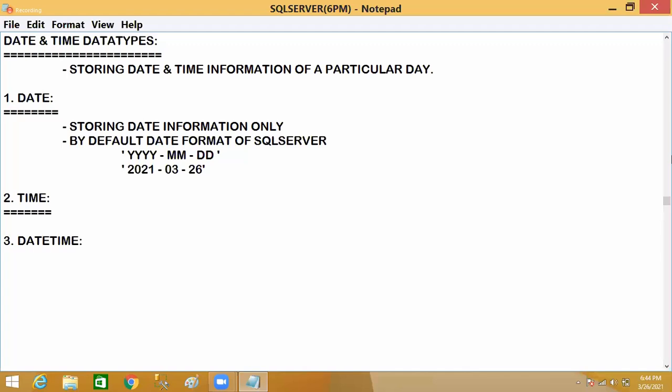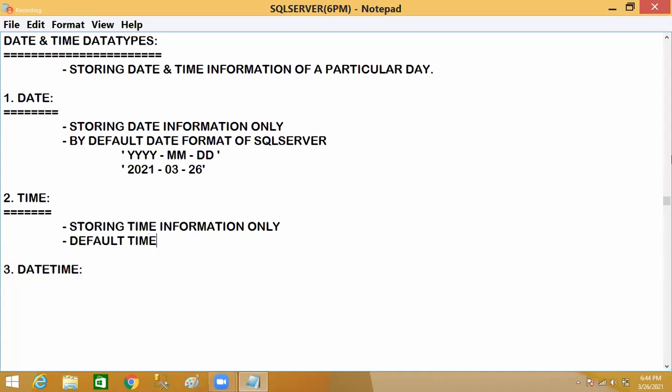And later, coming to the time data type, it is storing time information only. And the default time format of SQL Server is: open single quote, then hours, minutes, seconds, dot milliseconds.